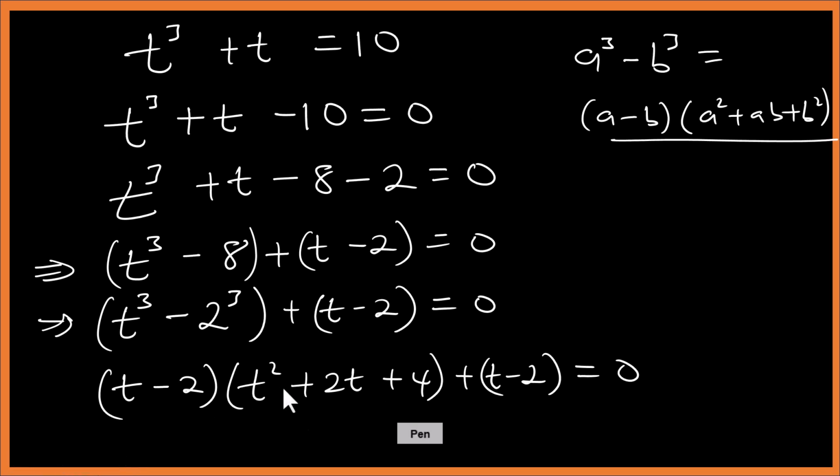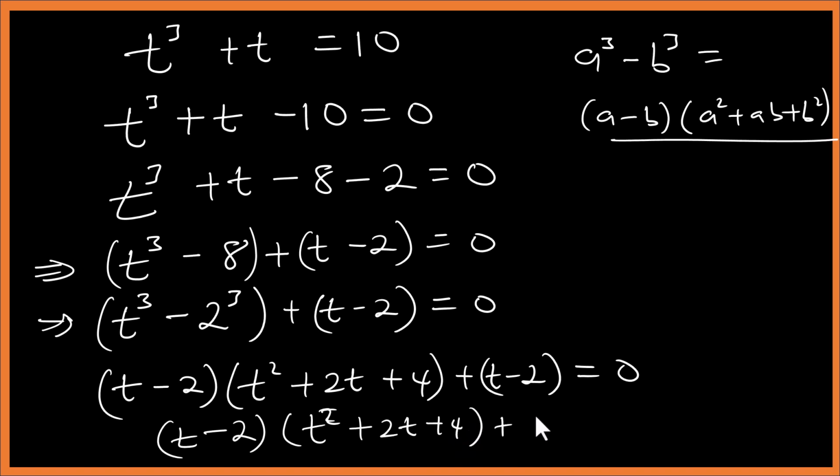All right, so we can factorize t minus 2 out, and this side will be t squared plus 2t plus 4 plus 1 equal to 0. So I'll add 1 to this to make this side 5.